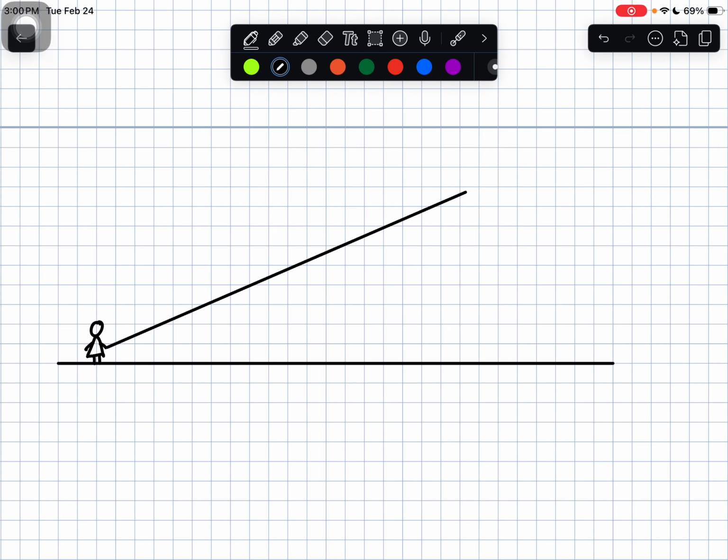The kite flies horizontally, so this direction. The distance they give us is 100. So this distance is 100, and it's maintained at 100 because they want the kite to fly horizontally. So it flies like this.